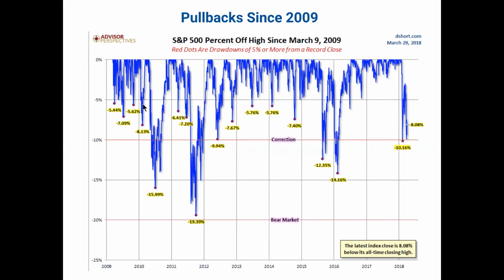You can see there's a number of pullbacks, 5, 6, 7%. Some get into correction territory, which is over 10% down here. More recently, that one in February took us back 10%. So we're no longer in a buy on the dips mode, but this is a term to correction. And it looks like we're hitting that again here, which is this possible W bottom here.